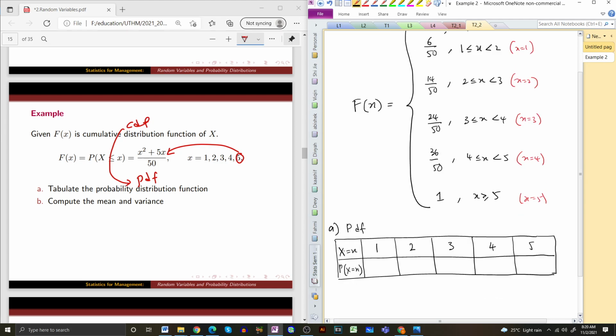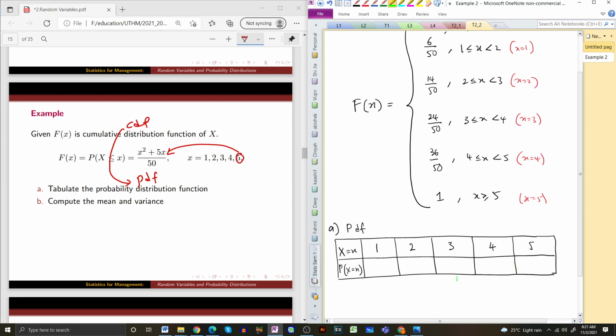Now remember, normally if you want to find a CDF from PDF, I told you first for x equal to 1 we take this one, and then for x equal to 2, we add 2 and 1. For x equal to 3, we add 3, 2, 1, and for 4, 3, 2, 1, and finally you will get 1.